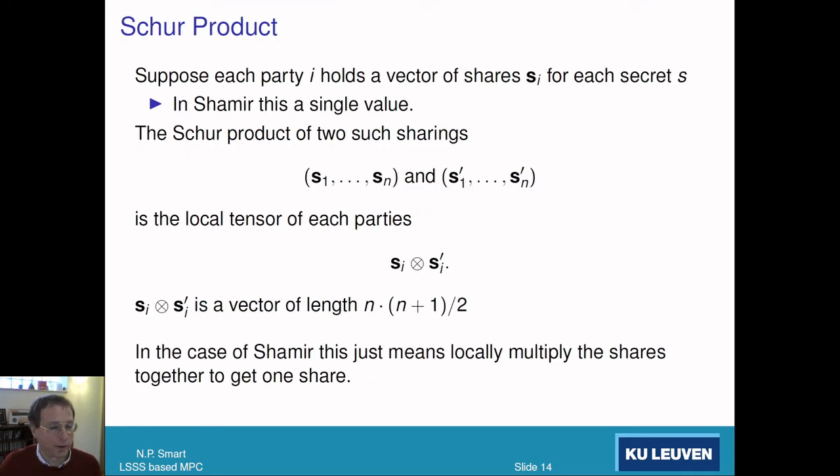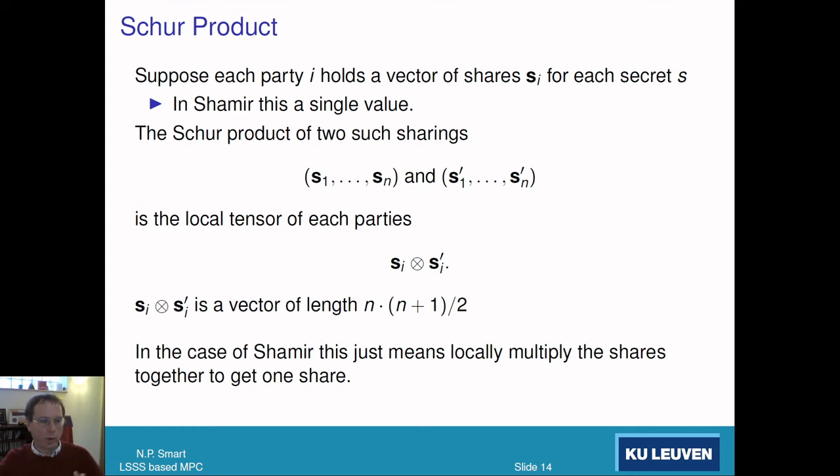So what does multiplicative linear secret sharing scheme mean? Well, to define that, what we have to do is define what we mean by the Schur product. Okay, so what is the Schur product of a secret sharing scheme? In a secret sharing scheme we have these parties hold shares. Now in Shamir, each party holds one share, but in general, the parties can hold a multitude of shares. They can hold 1, 2, 3, or 4 shares. Imagine replicated.